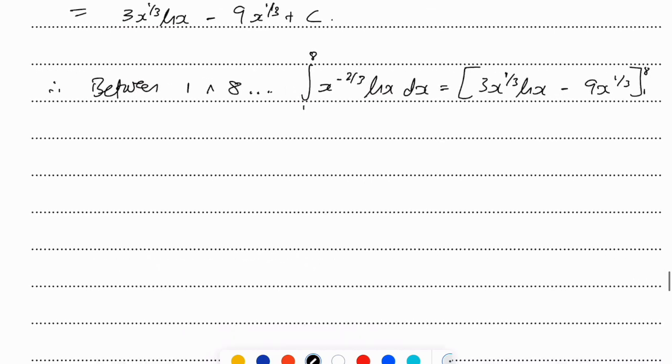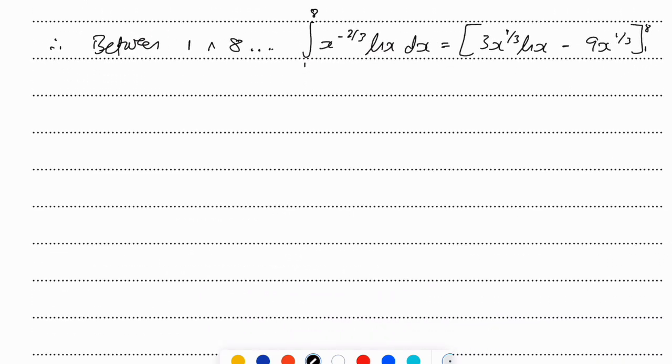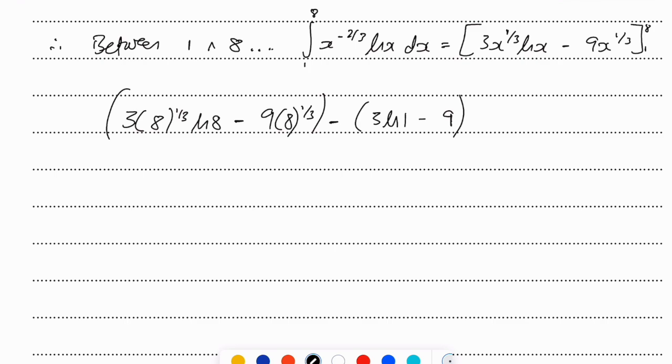We plug in our values. We get 3 times 8 to a third ln 8 minus 9 times 8 to a third. That's the first bit. Then I'm going to minus 3 ln 1 minus 9. Obviously this is all going to drop now.